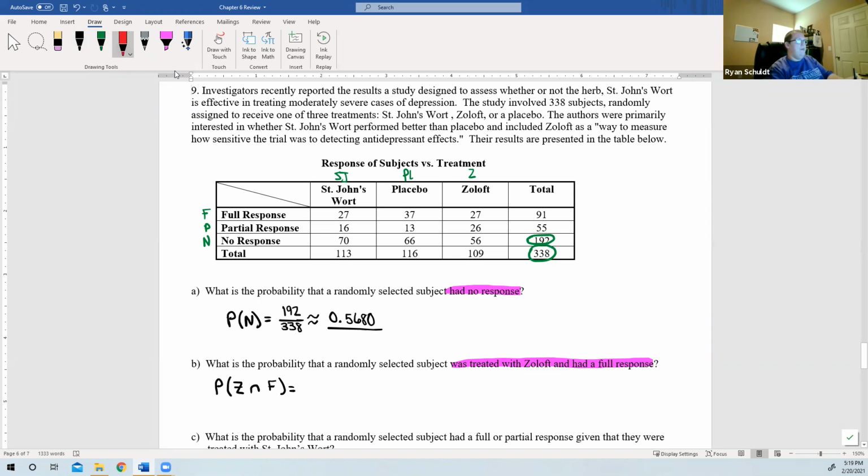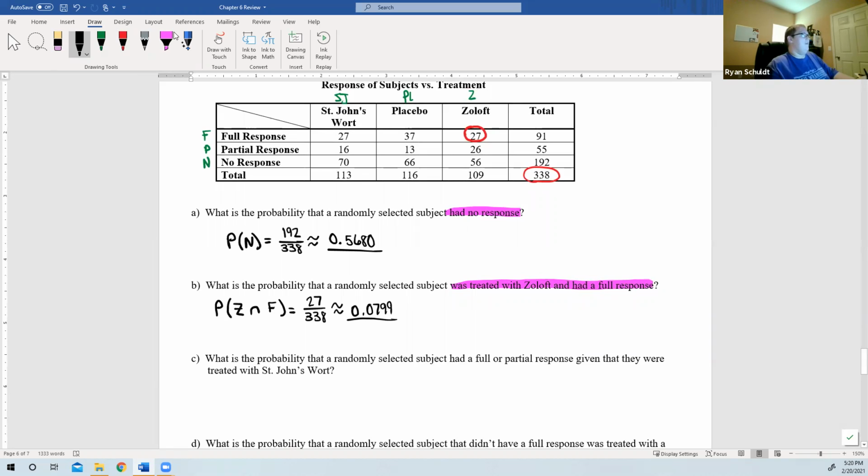That's going to be 27 out of our total. So 27 out of 338. Which to 4 decimal places is approximately 0.0799. So far, so good. We're just reading the table.